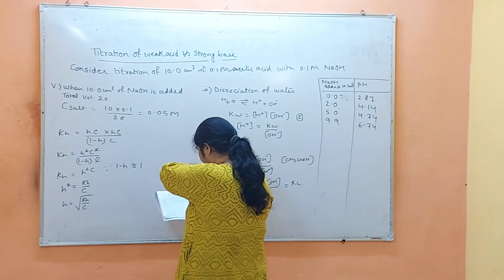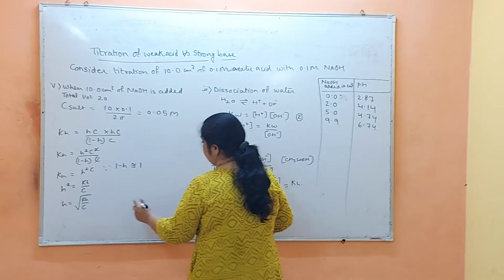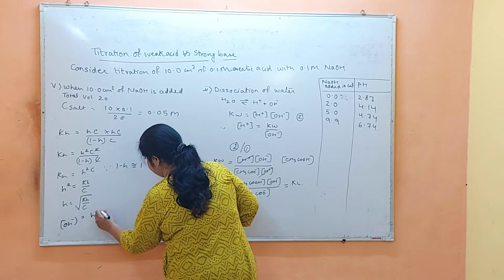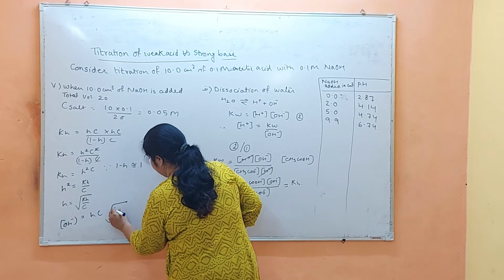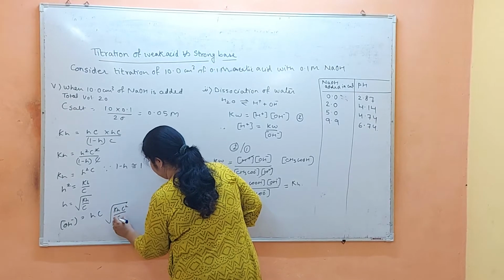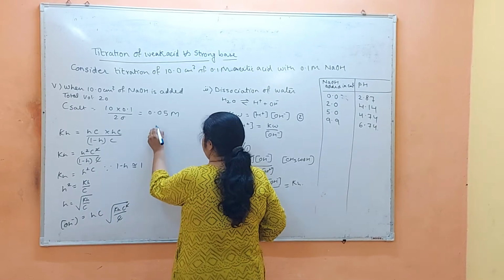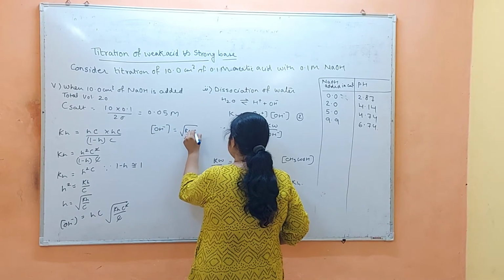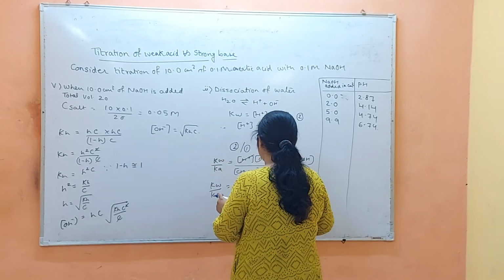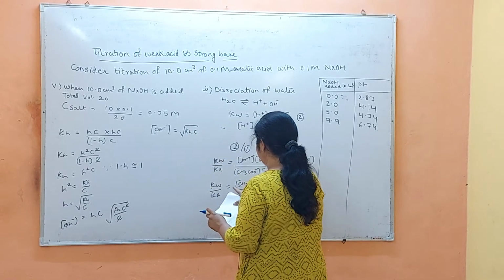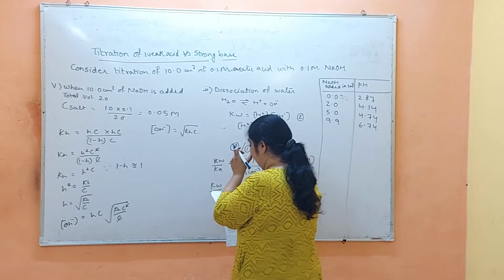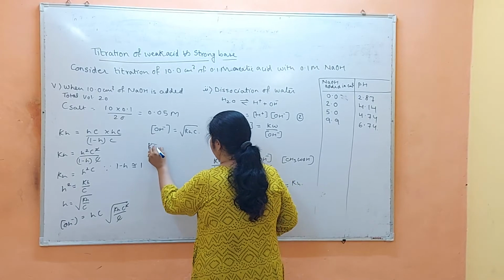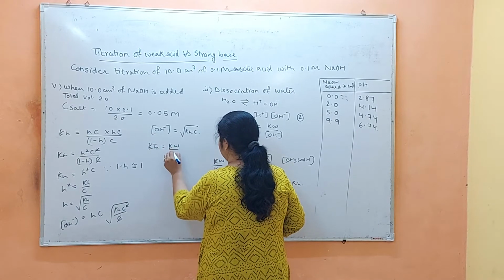Now OH− ion will be equal to hC. So we can write it as KH into C squared upon C. So this will get cancelled. So OH− will be equal to under root KH C. Now we have found out KH is equal to Kw by Ka.